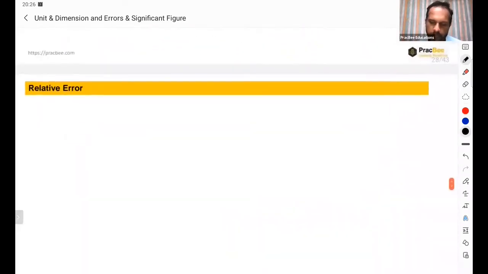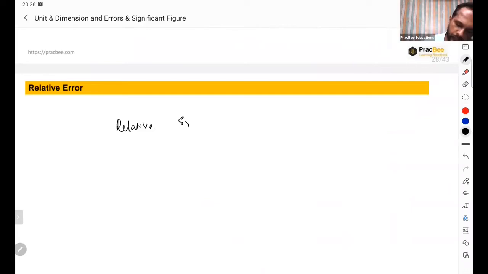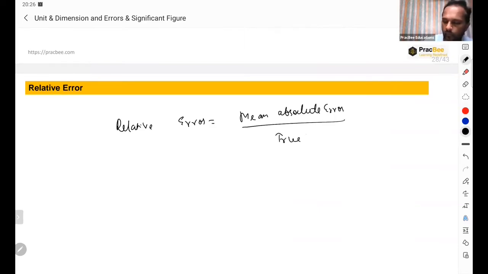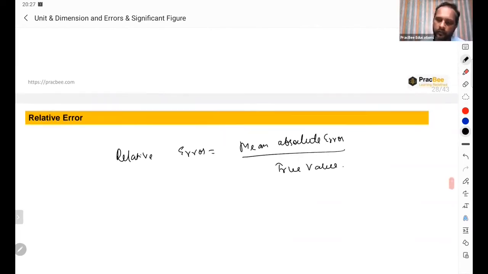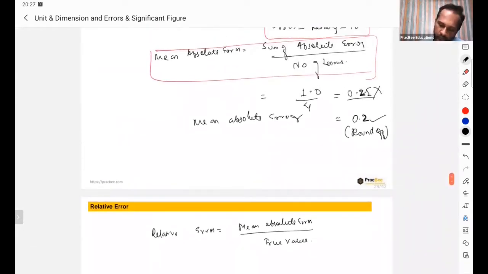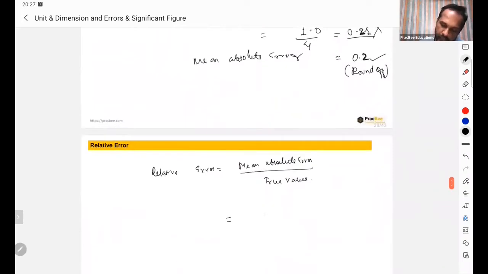Now see further, relative error. Relative error is defined as mean absolute error divided by true value. From the previous question, the mean absolute error is 0.2 divided by 12.5. So this is 2 by 125. This is relative error.